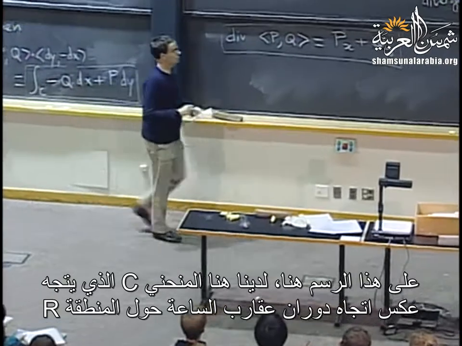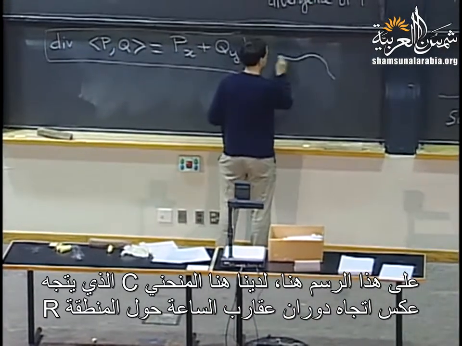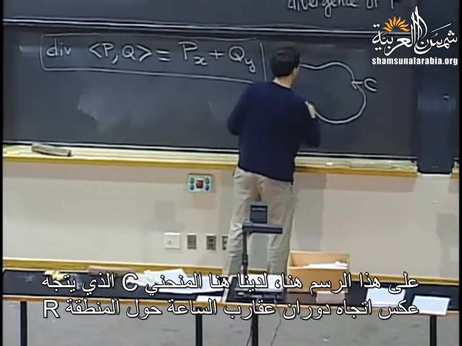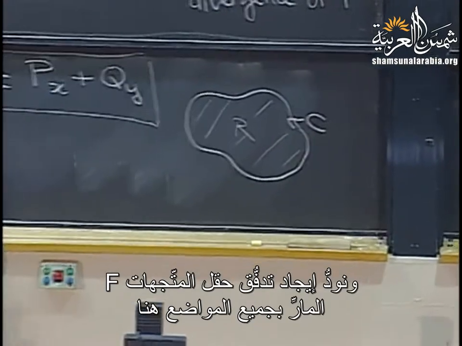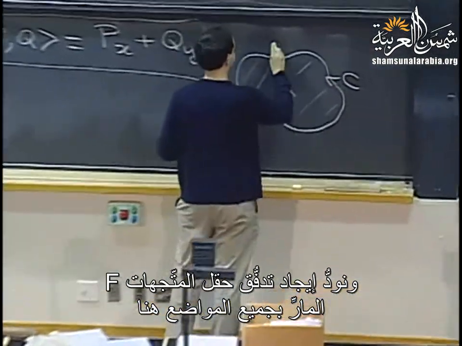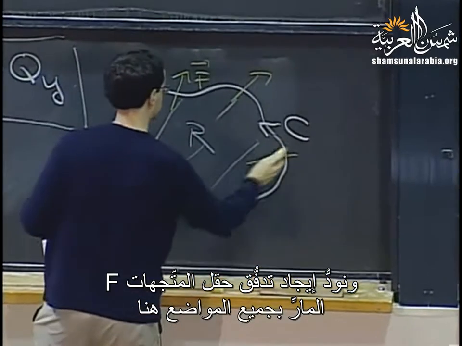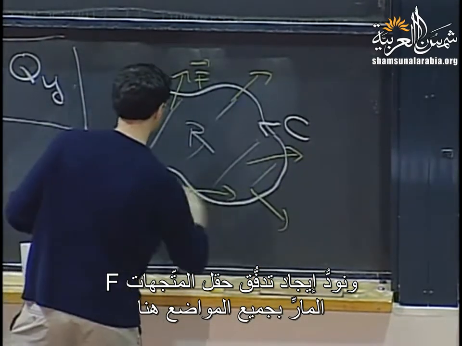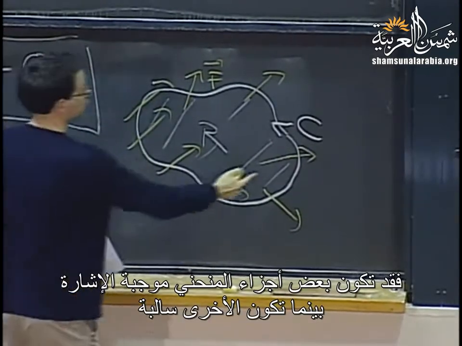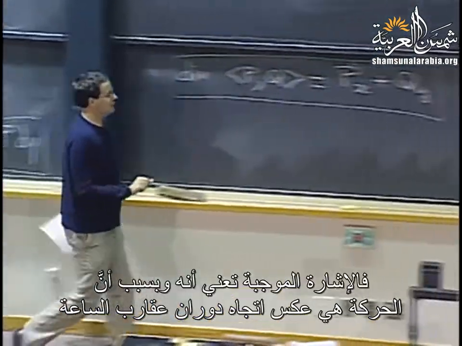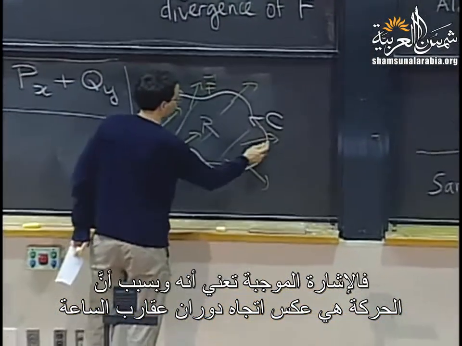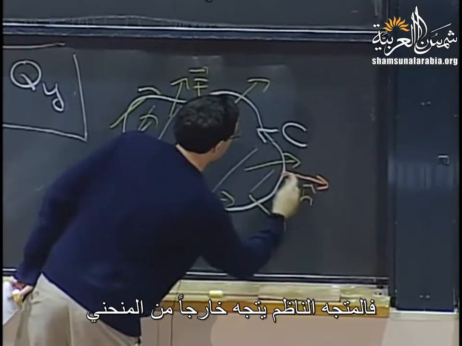Okay, so the picture, again, is if I have my curve C going counterclockwise around the region R, and I want to find the flux of some vector field F that is everywhere in here. So maybe some parts of C will contribute positively, some parts will contribute negatively. Anyway, just to reiterate what I said, positively here means, because we are going counterclockwise, the normal vector points out of the region.